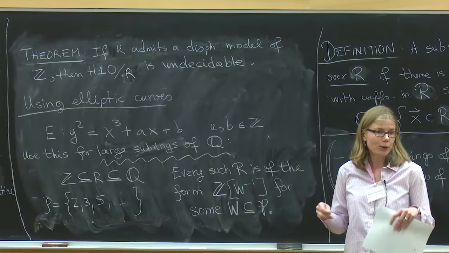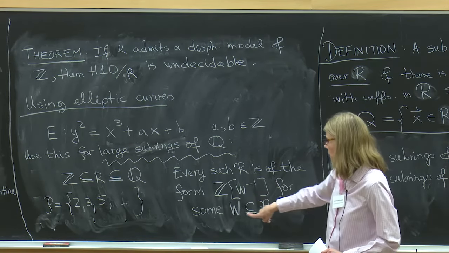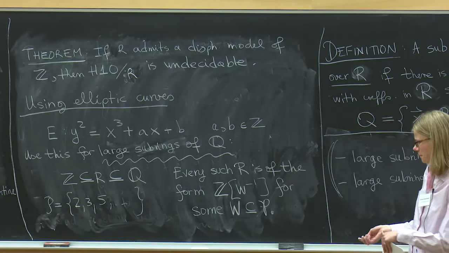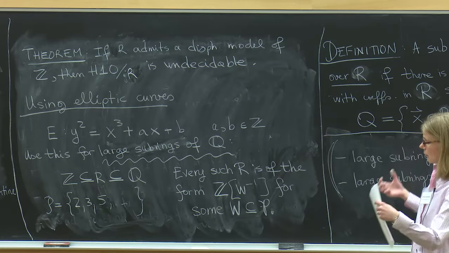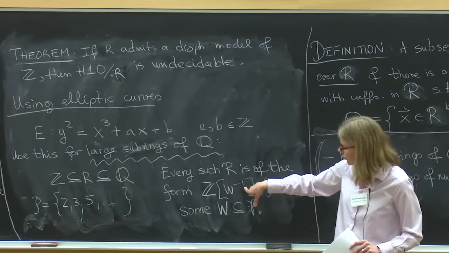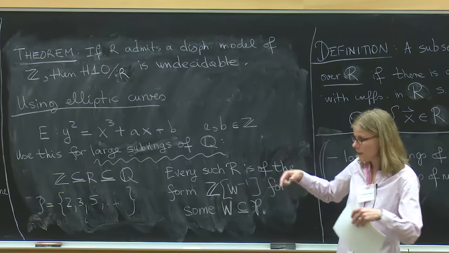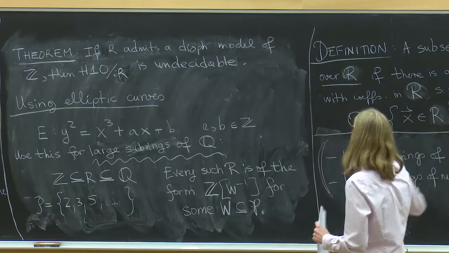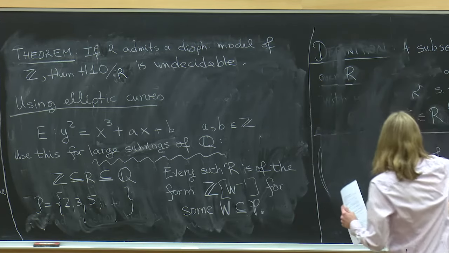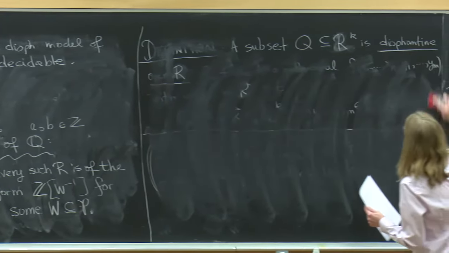So those are A over B, with A integers and B in the set W. And vice versa: every subset of the primes gives rise to a ring, and every ring is determined by its set of primes. So this is the one-to-one correspondence between the subsets of the primes and the subrings between Z and Q.